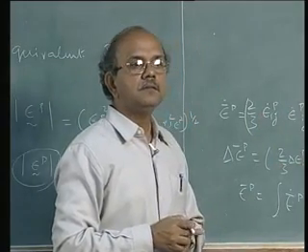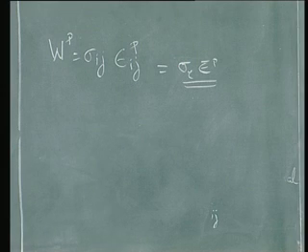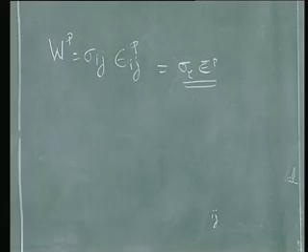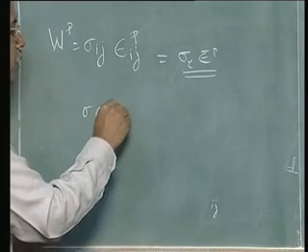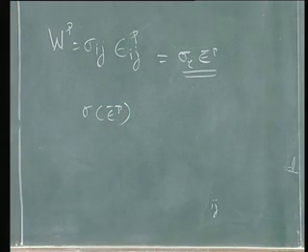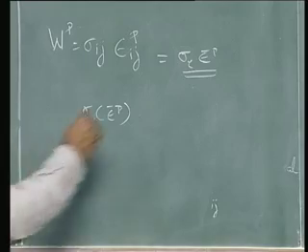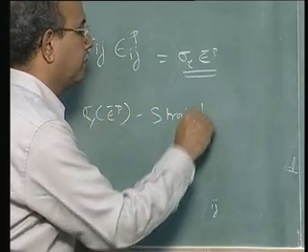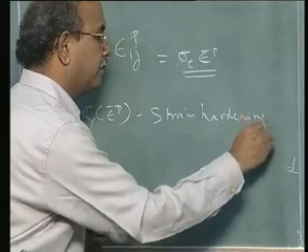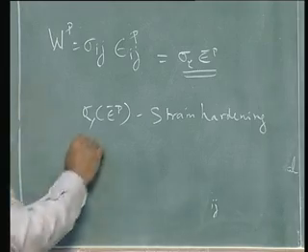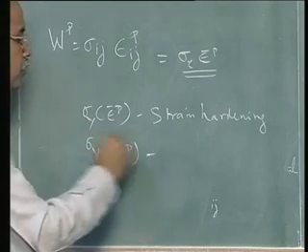Many metallurgists also base hardening, expressed by sigma y as a function of epsilon bar p, in terms of plastic work. In other words, the metallurgists call the function where sigma y is a function of epsilon bar p strain hardening, and sigma y as a function of W p work hardening.